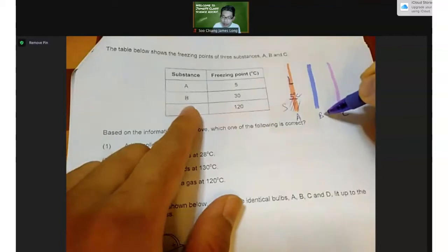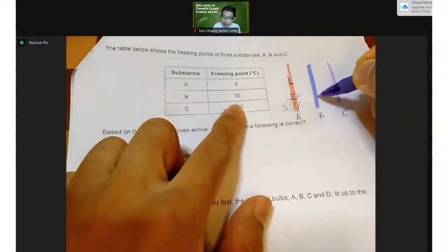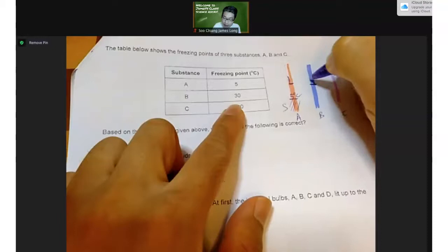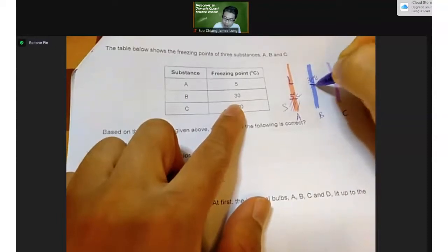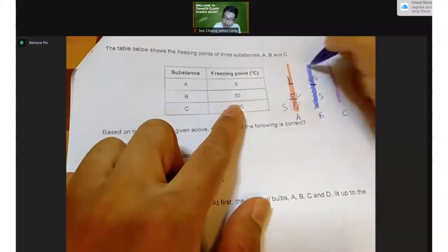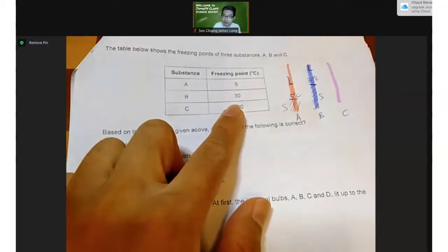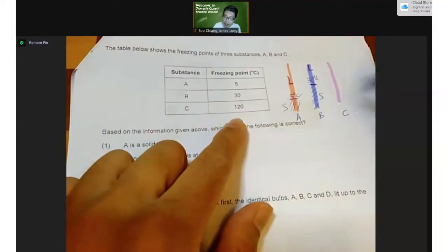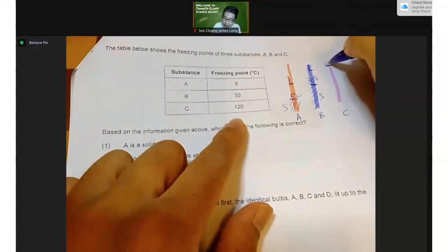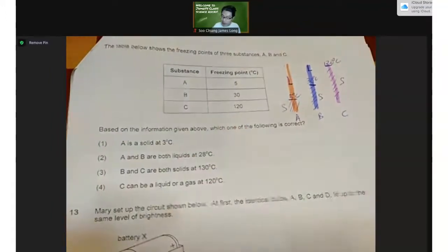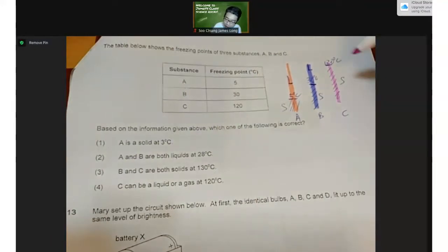Now for B, it says freezing point is 30, that's higher than 5, right? So here it's at 30 degrees Celsius. So all the parts below here will be solid. The parts above will be liquid. Finally, for this C, at 120 degrees Celsius, anything below here will be solid, and all the parts above here to an unknown degree Celsius that I don't know, all these will be liquid.